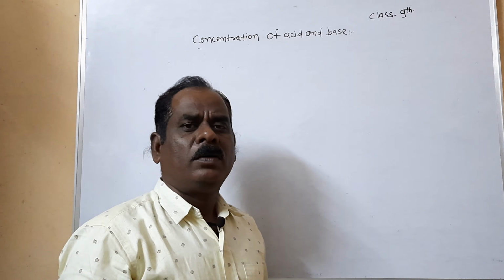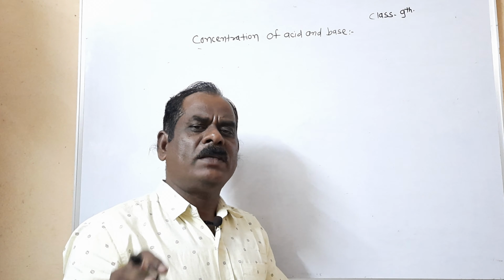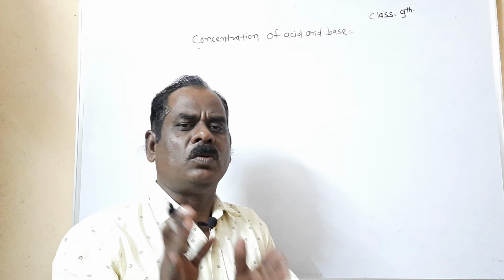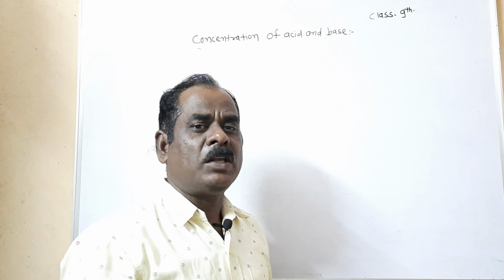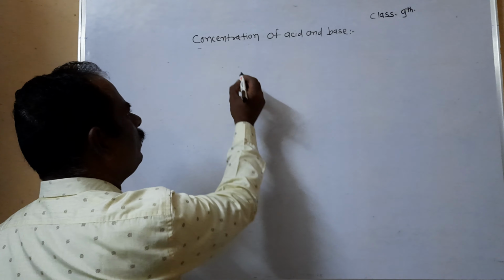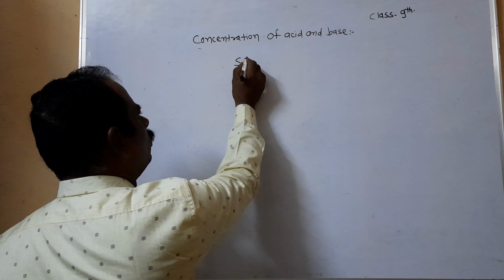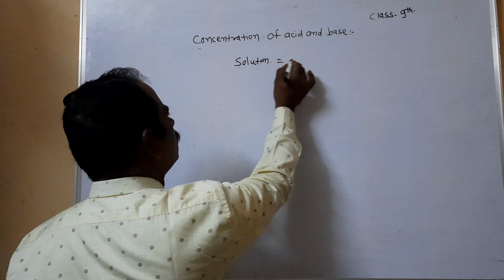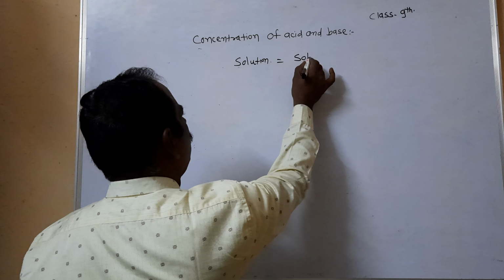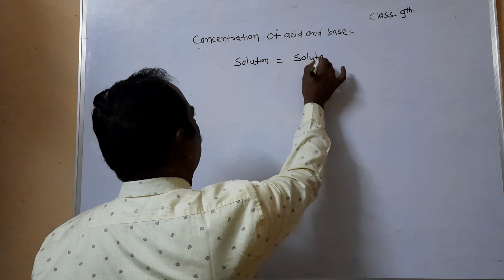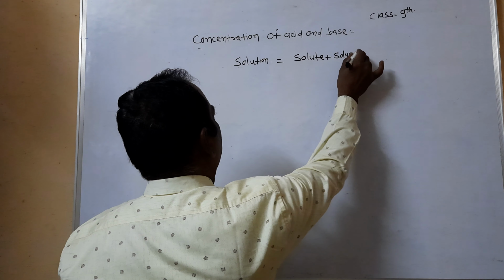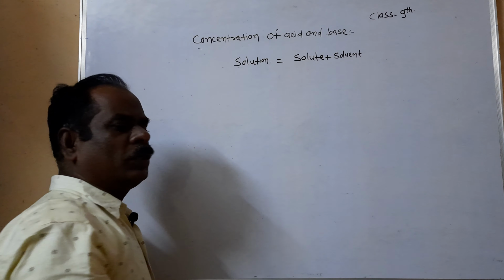You know that whenever acid or base is dissolved in water, it gives an acid solution or base solution. First try to understand what is meant by solution. Solution means a homogeneous mixture. The homogeneous mixture of solute plus solvent is called solution.